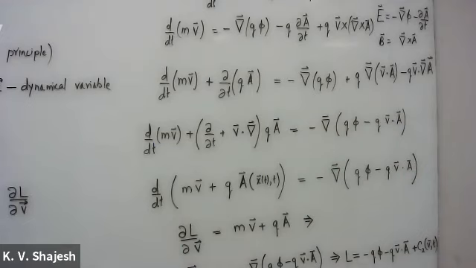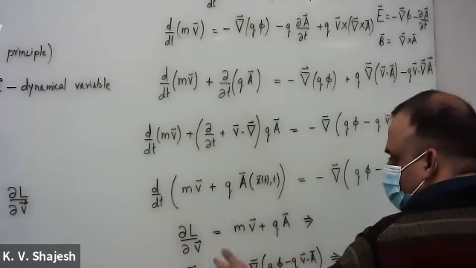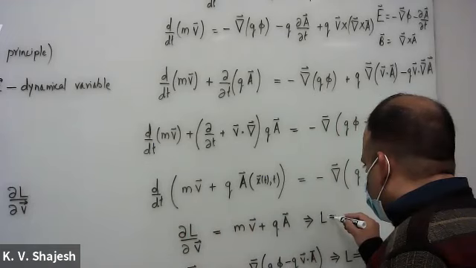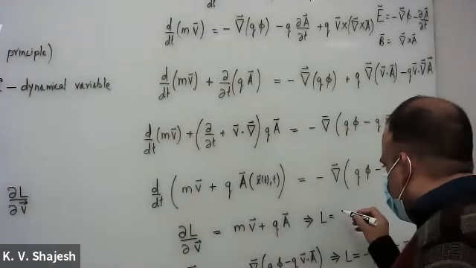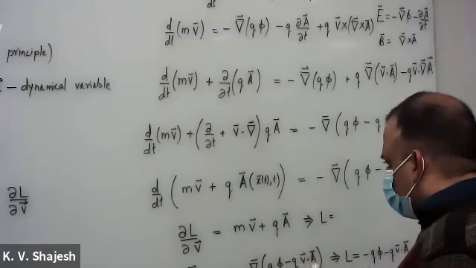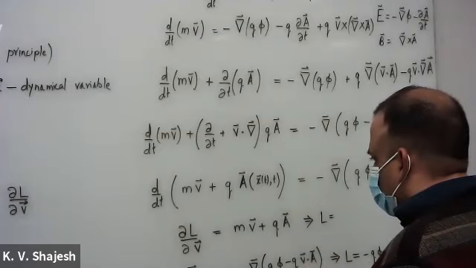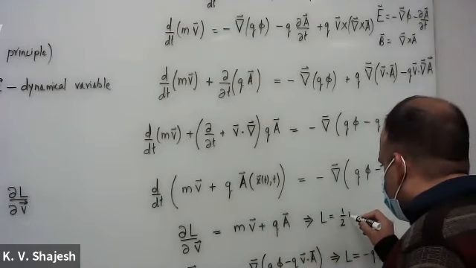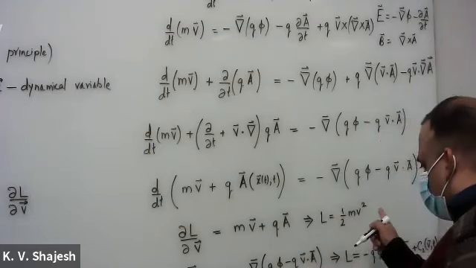We just integrate, right? If we integrate this, on the right hand side we get the Lagrangian. So the Lagrangian could be, up to a constant with respect to velocity this time, half m v square, or v dotted with v, right?